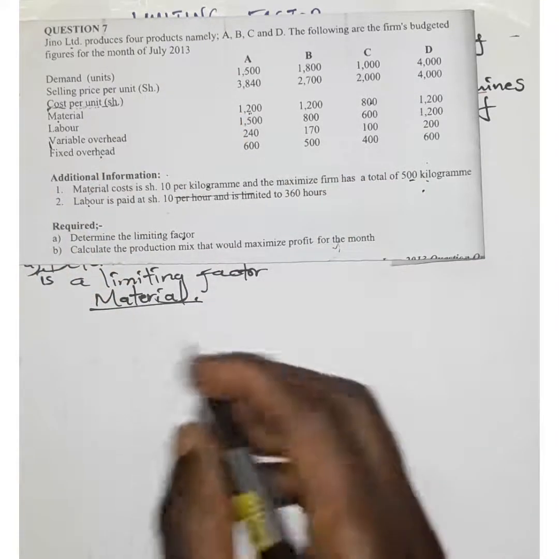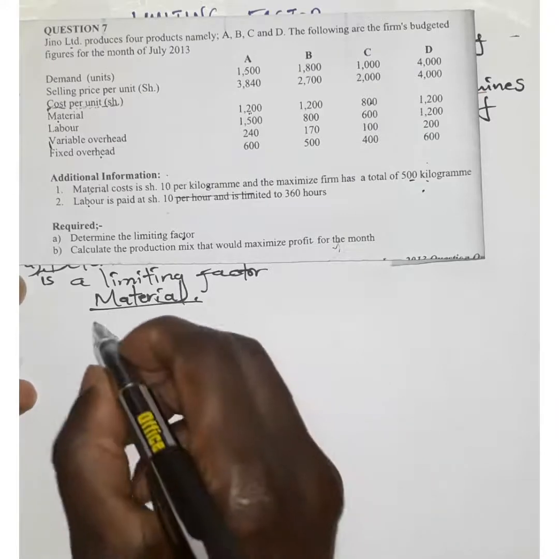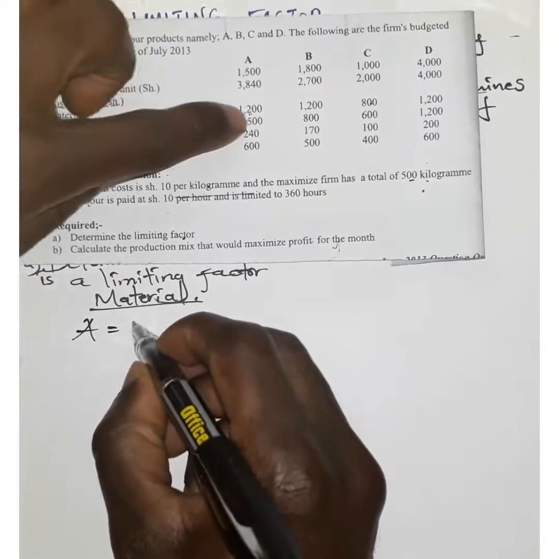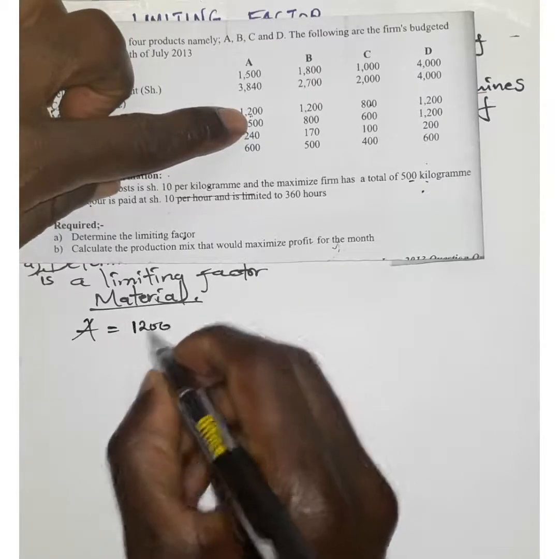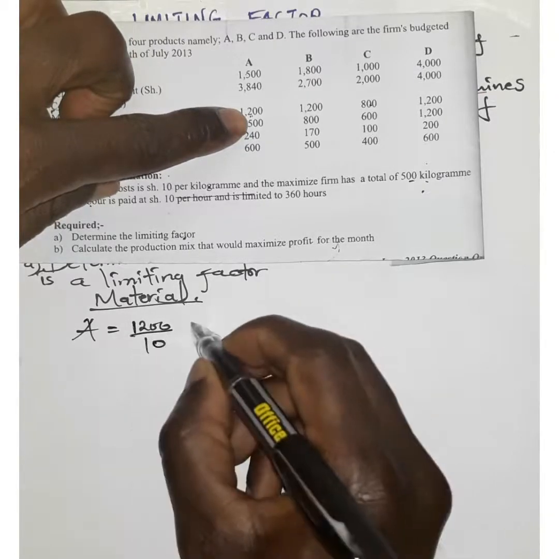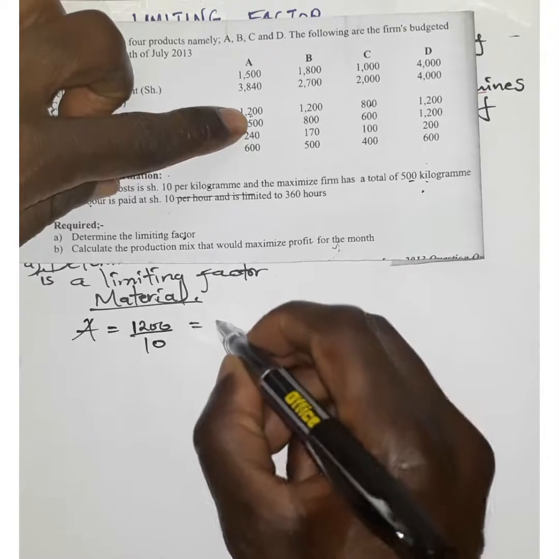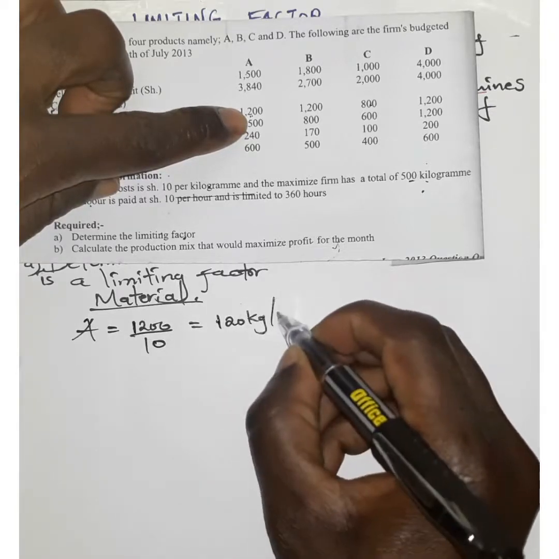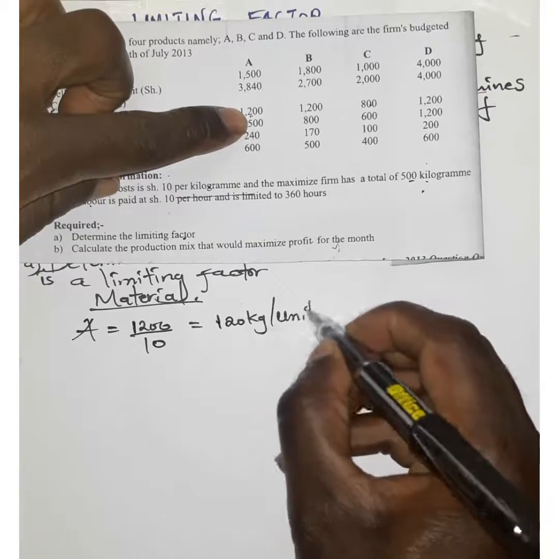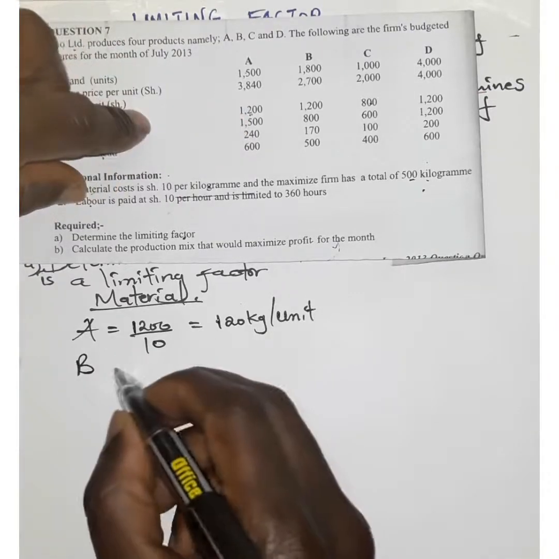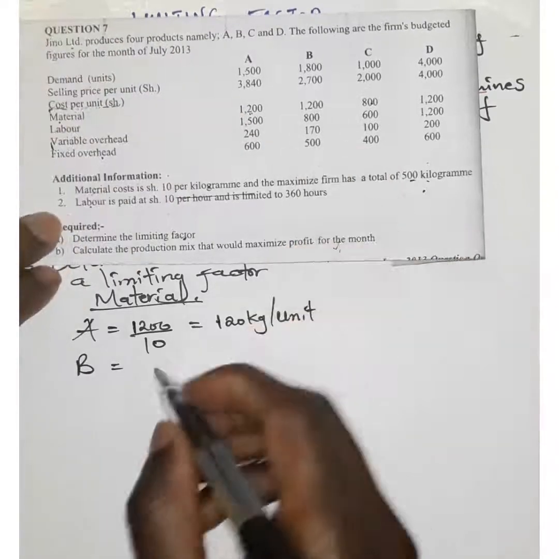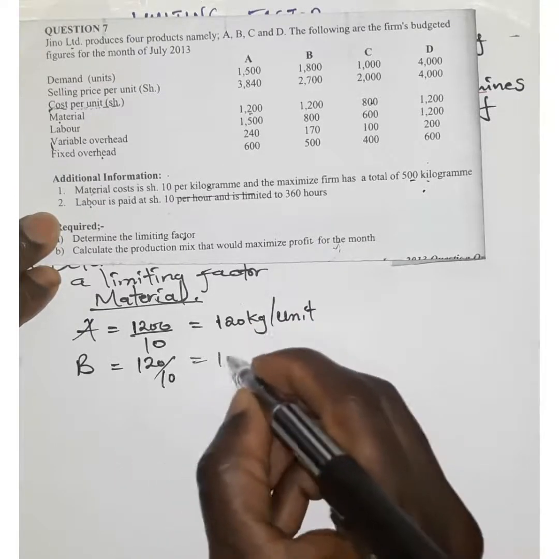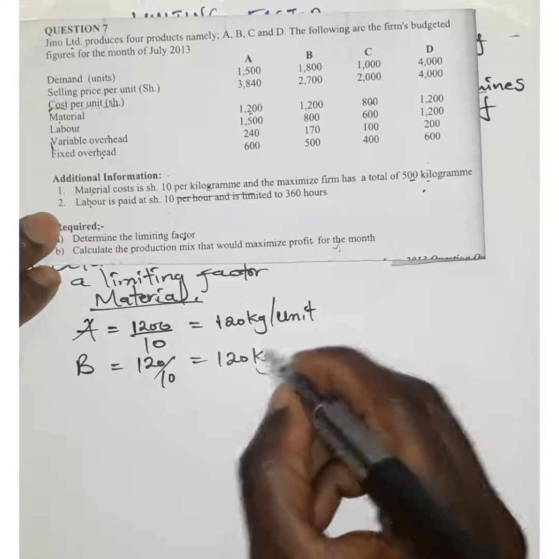For A, this 1200 over 10 shillings, we get a value of 120 kilograms per unit. For B, we get 1200 again over 10, we get 120 kilograms per unit.